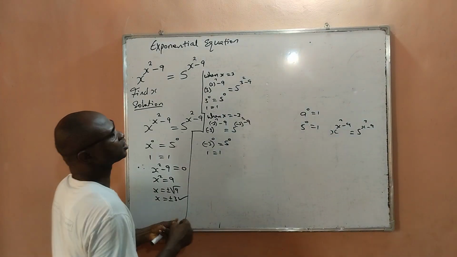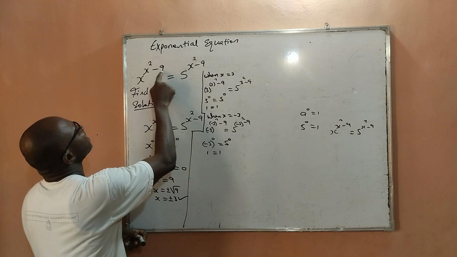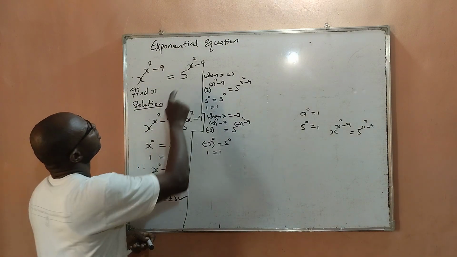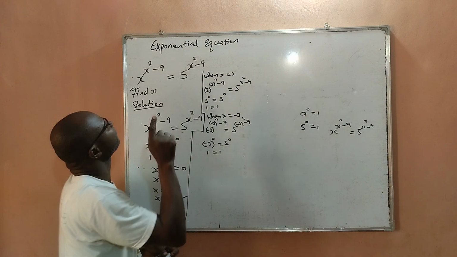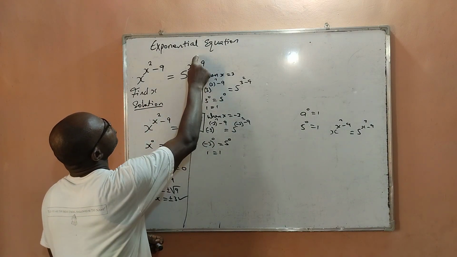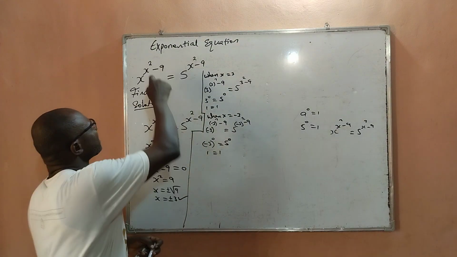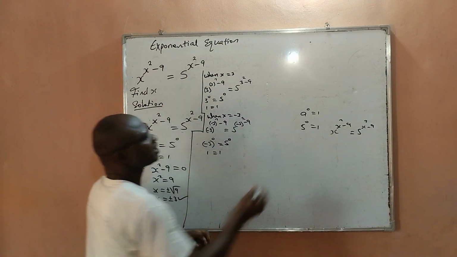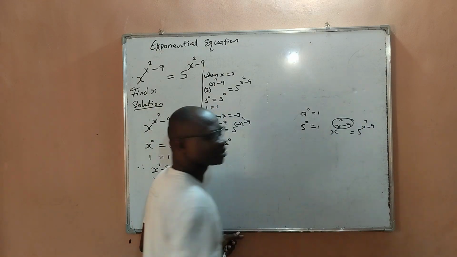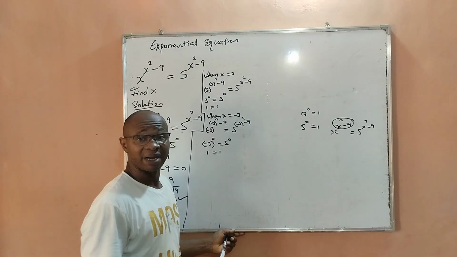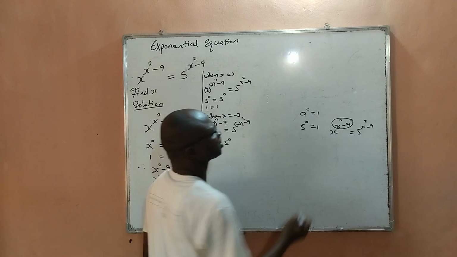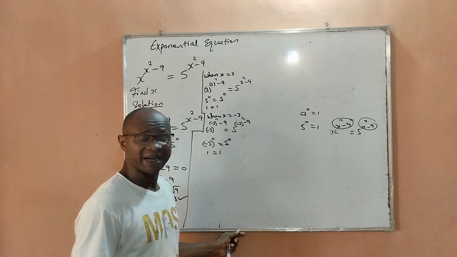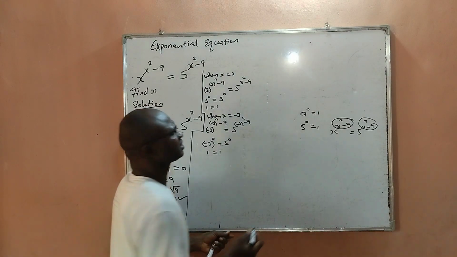If you look at this question, x raised to the power 2 minus 9 on the left is the exponent of x, and the exponent of 5 on the right is also x raised to the power 2 minus 9. Meaning that the powers are the same, which means that the bases are supposed to be the same. So the powers are the same.